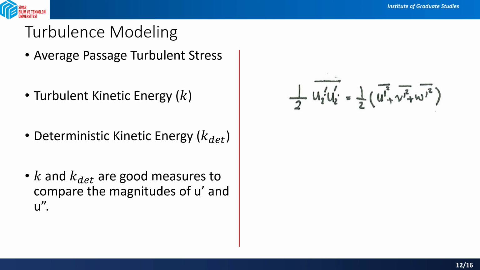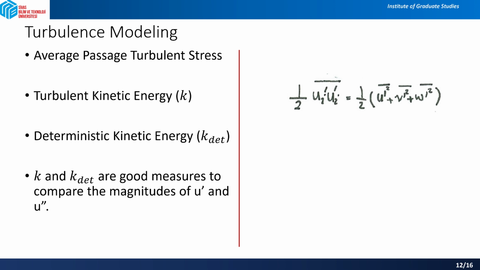Turbulent kinetic energy is the kinetic energy of these fluctuations. So it is 1 over 2 of u_i prime u_i prime bar.